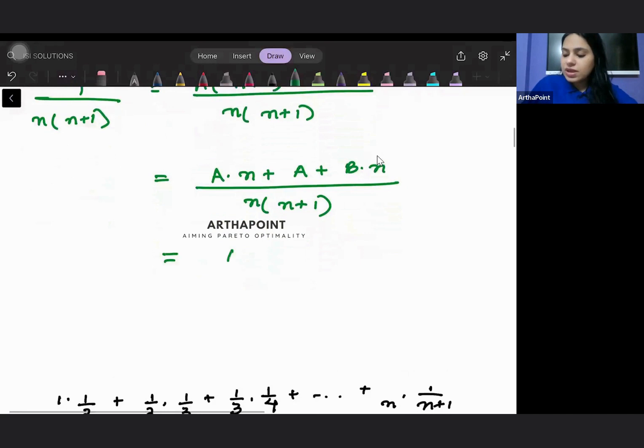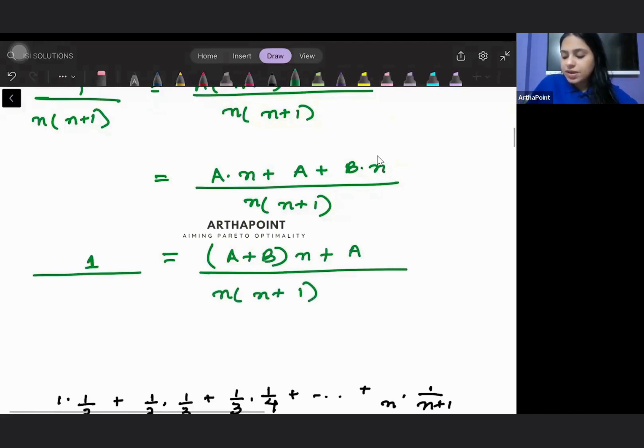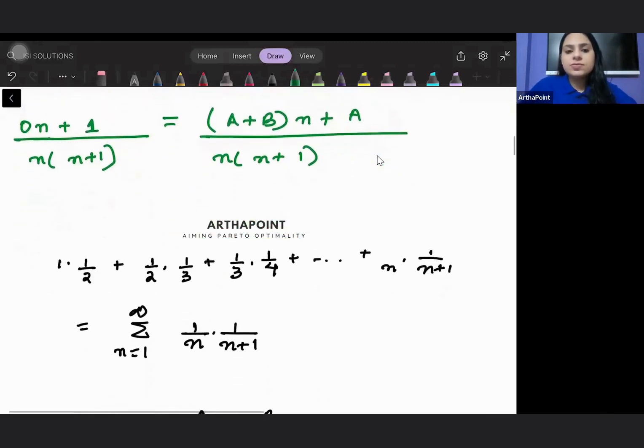So this is a plus b into n plus a, and this needs to be compared with 1. So I can write this as 0 into n plus 1 equal to this.